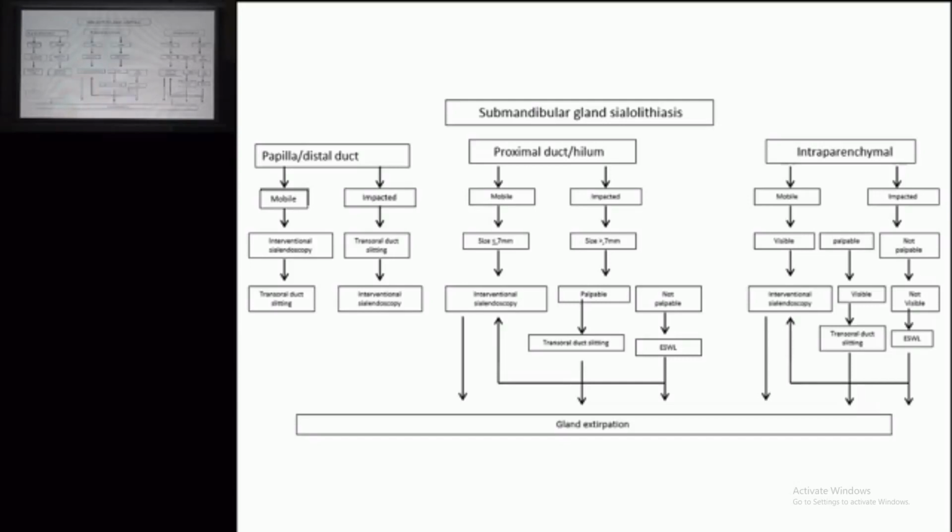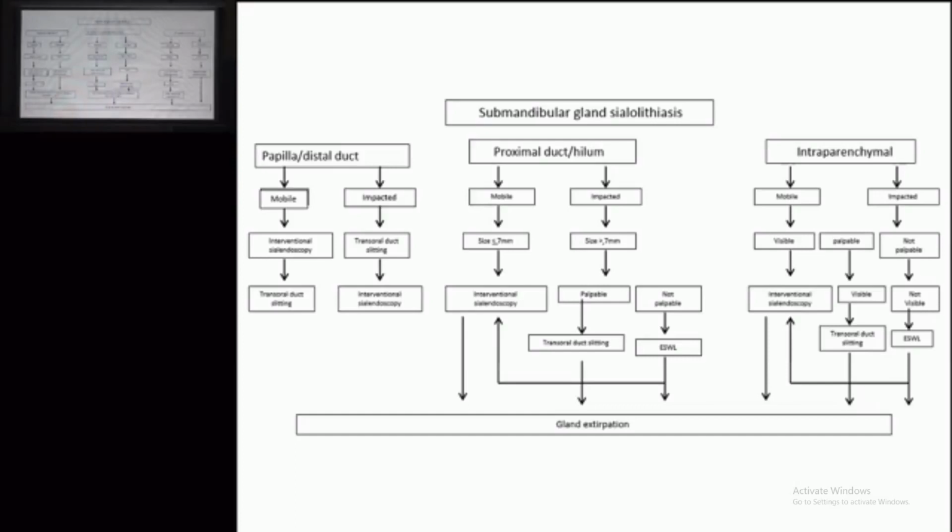For the submandibular gland, and more or less for strictures of both the parotid as well as submandibular gland, depending upon whether it is inflammatory or fibrous, you may want to do the interventional sialendoscopy with cortisone injection. If required, you may do a transoral duct slitting.